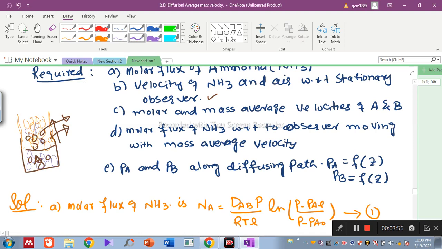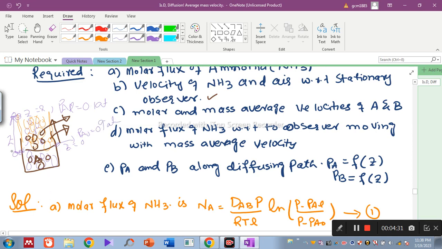So ammonia molecules are diffusing through air molecules, and from this position to this position is the diffusion path, which can be Z. At this position Z is equal to 0, and at this position Z is equal to L. So at Z equal to L, the partial pressure of ammonia will be PAL, equal to 0.1 atmospheric pressure. But when Z is equal to 0, the partial pressure of ammonia at this place will be PA0, equal to 0.9 atmospheric pressure.